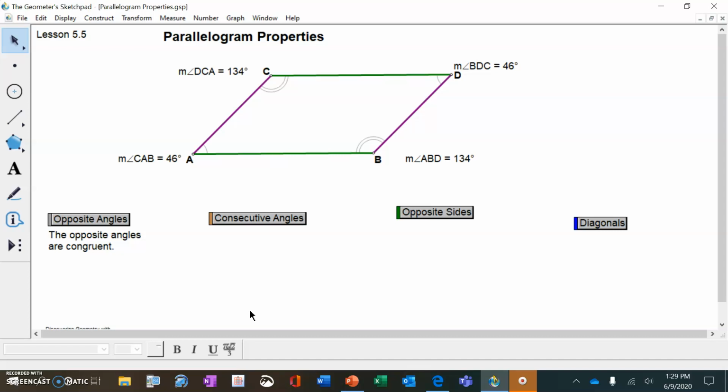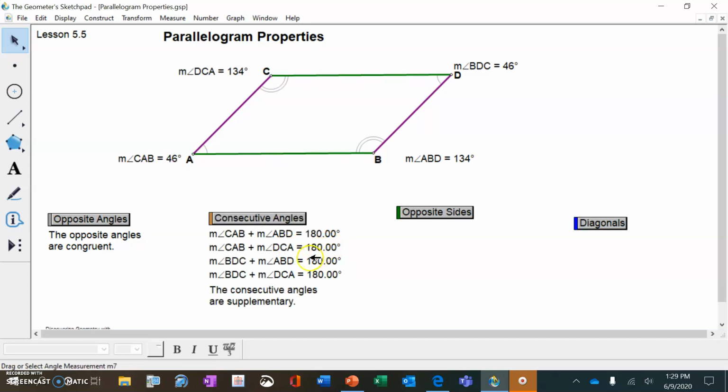Conjecture number 42, consecutive angles of a parallelogram are what? Consecutive, one right after the other. So it would be this guy and this guy, or this guy and this guy, or this and this, or this and this. Okay, let's go back and look at this and this.